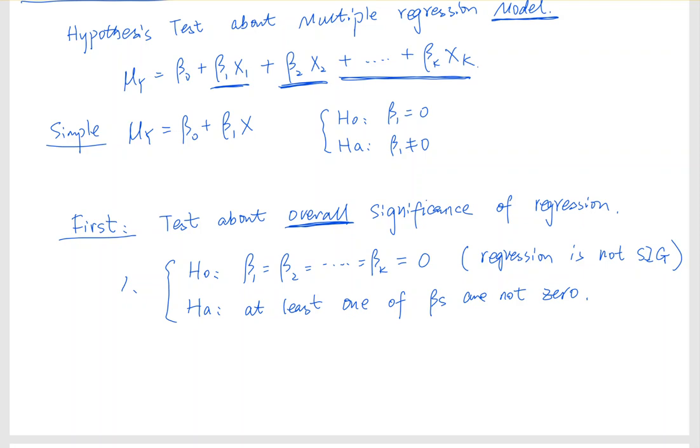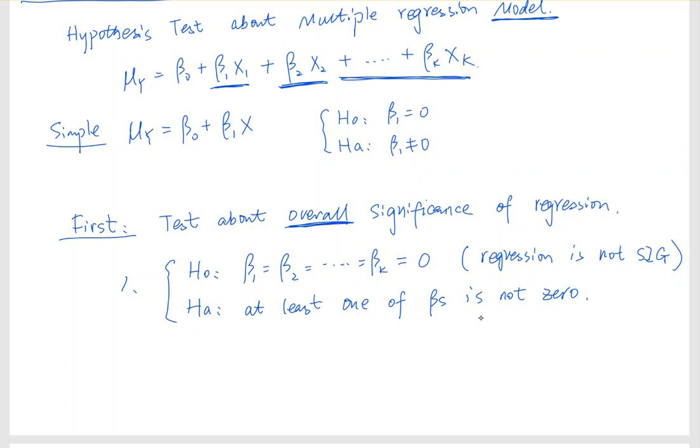The other way, if at least one beta is not 0, that means at least one explanatory variable has a relationship with the response variable, right?